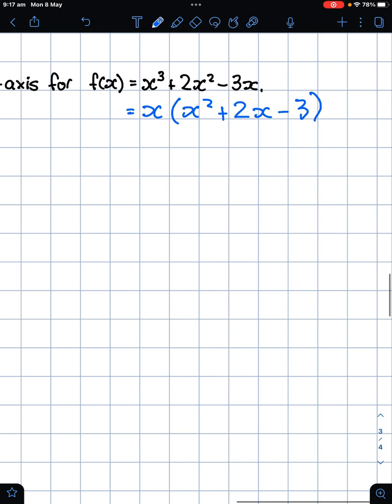This is going to factorize nicely, because negative 3 is 3 times negative 1. So this can be x minus 3, x plus 1. And that's giving us our three different intersects.